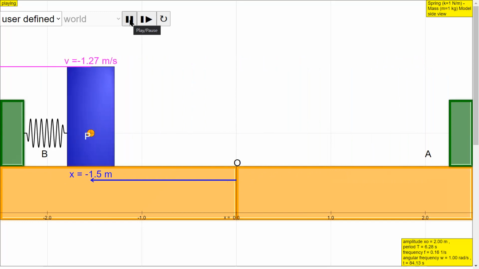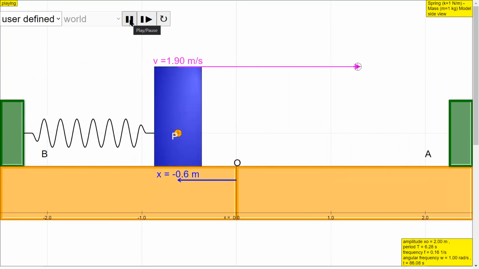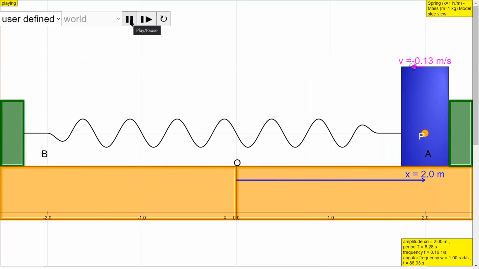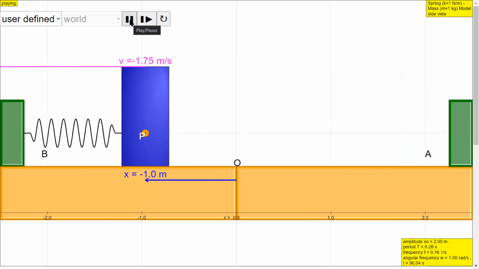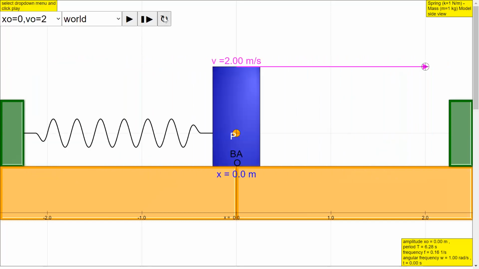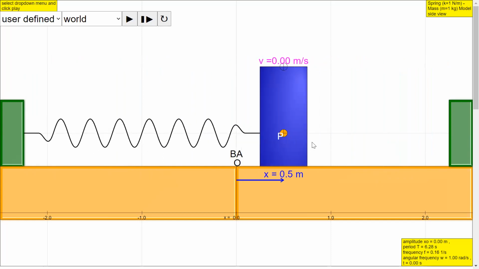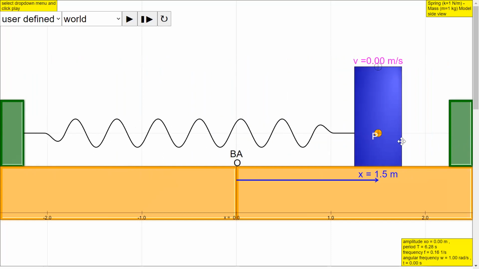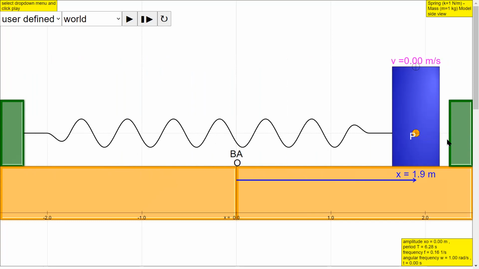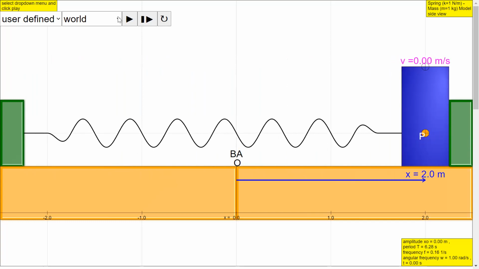Now, let's describe this oscillation or periodic motion. Let's restart, and let's move our body to the 2 meter point.